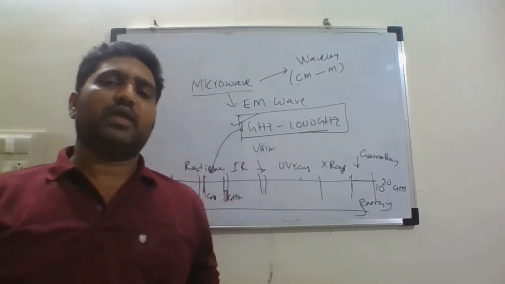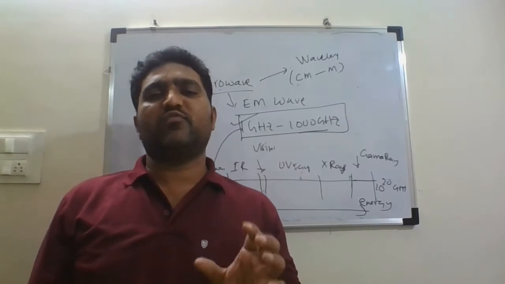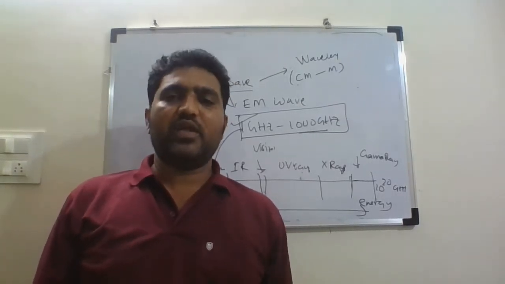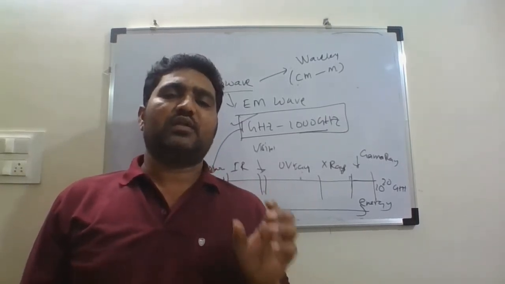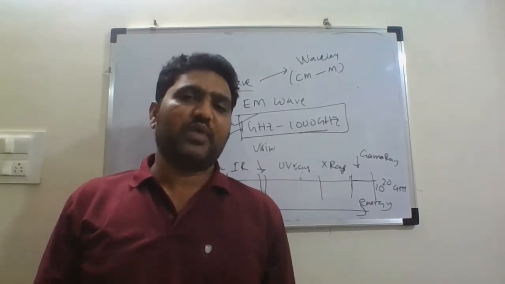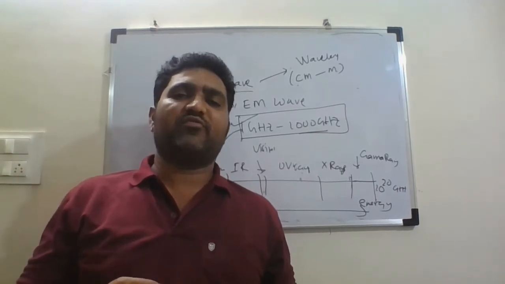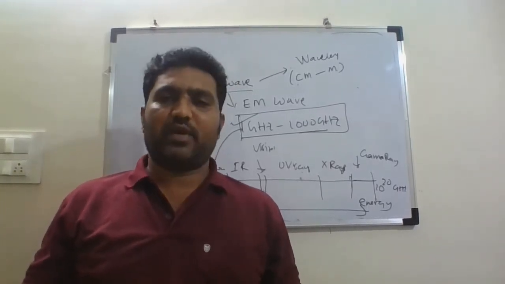That is why the microwave spectrum is called the most useful part of the electromagnetic spectrum, along with the radio wave part. It has applications in scientific, medical, and communication fields. Therefore, a careful study of microwave signal generation is very much required.